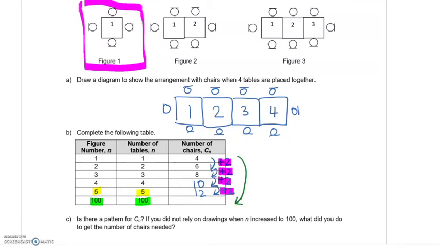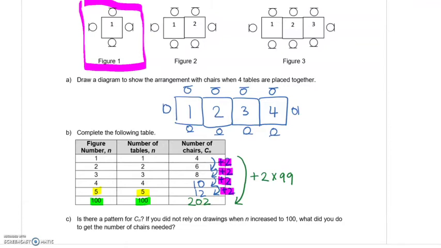So, for each additional table, you are adding on 2 additional chairs. Meaning to say, you need to add 2 times 99. Alright, so once you have done that, 4 plus 2 times 99, you will get the answer 202.